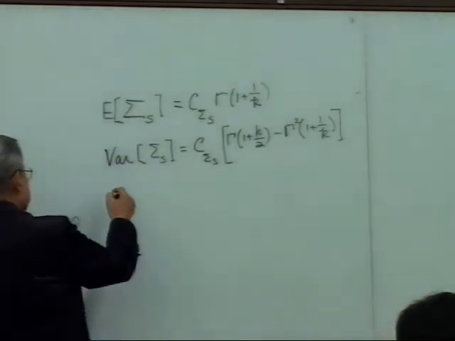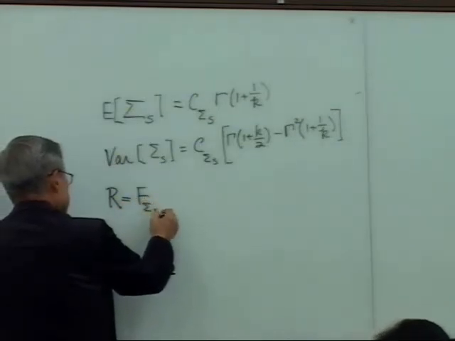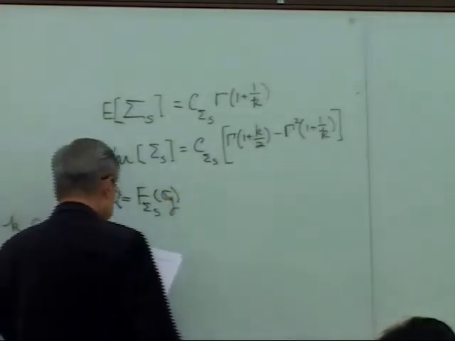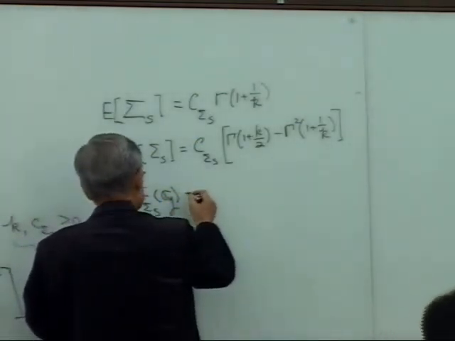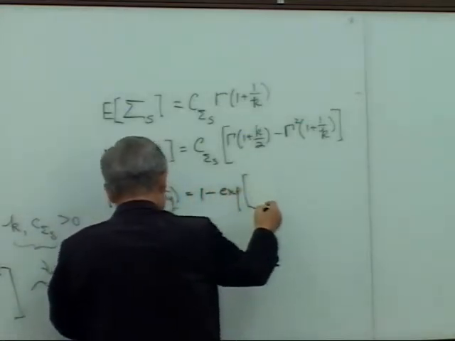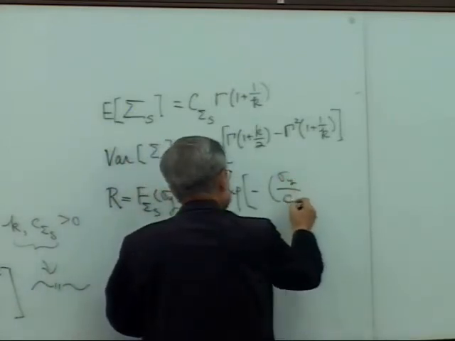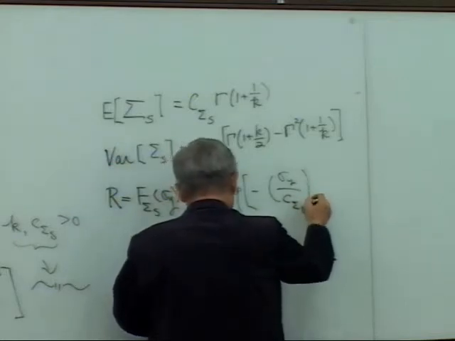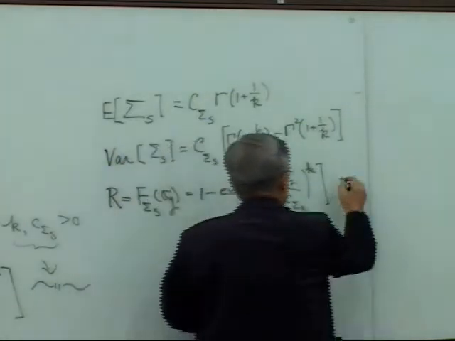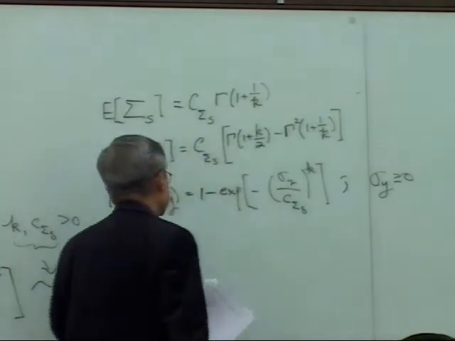So R is now, again, this is F sigma y, equal to 1 minus, the model is already done, exp minus sigma y over C sigma S to the k. Of course, sigma y is greater than or equal to 0.